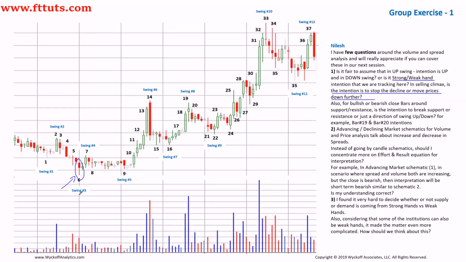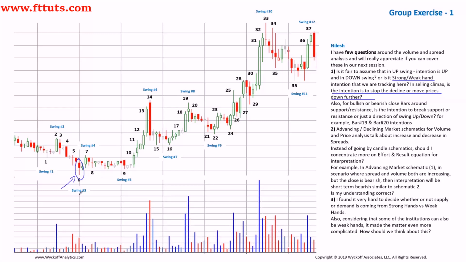So in a way, sometimes when I hear that people would say composite operator, composite man, trapped weak hands and wanted to move the price down so that all of the stop losses would work in the composite operator's favor.